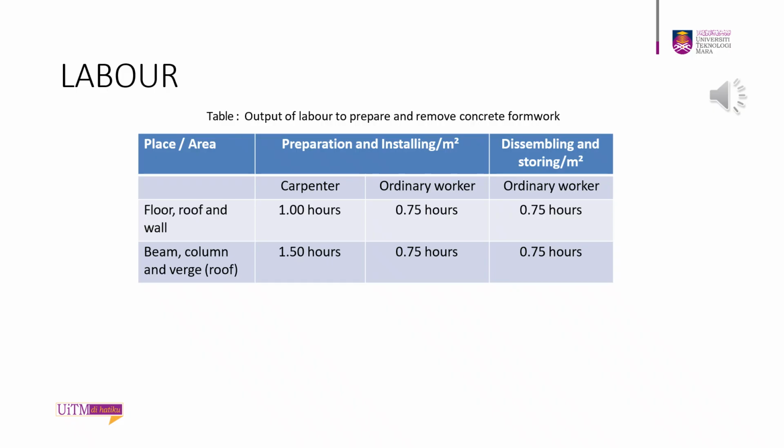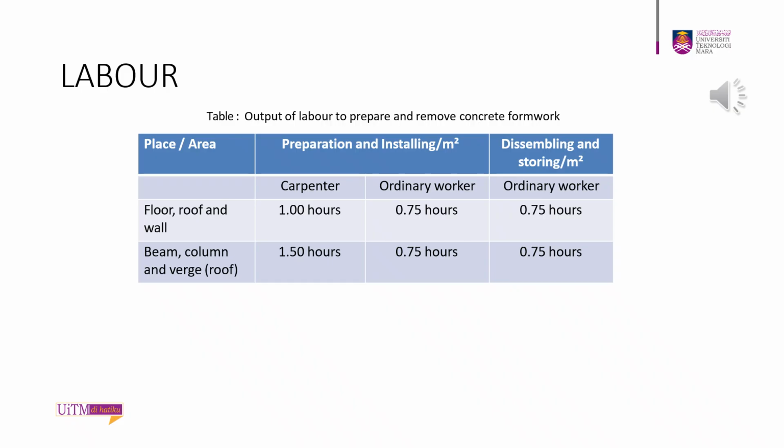This slide presents the labor output required for preparing, installing, removing, and storing concrete formwork. For floors, roofs, and walls, installation requires 1 hour of carpenter work and 0.75 hours of ordinary worker labor per square meter. Removing and storing the formwork also takes 0.75 hours per square meter.